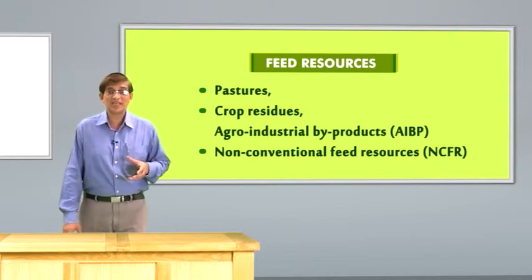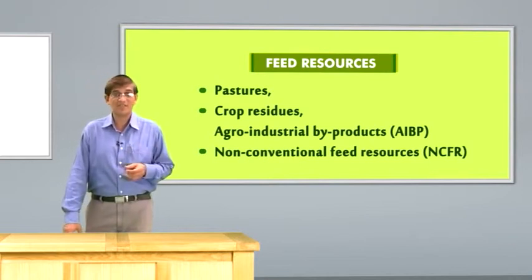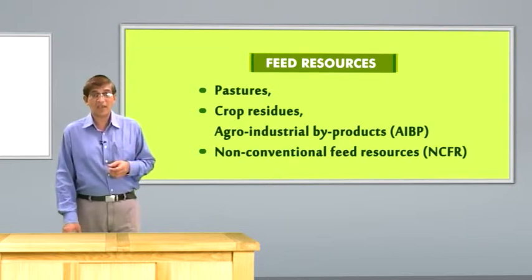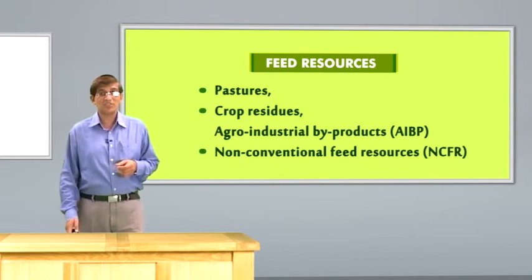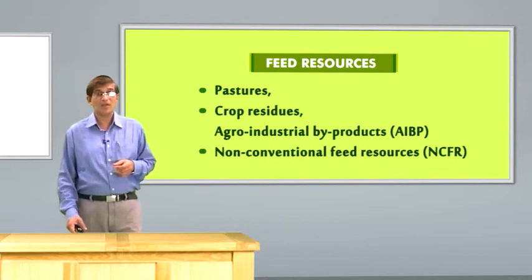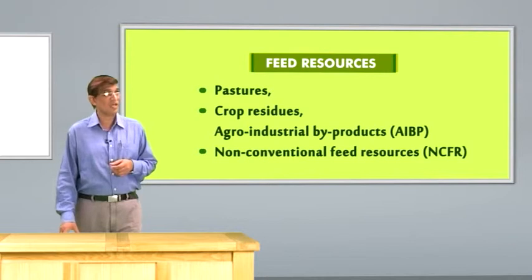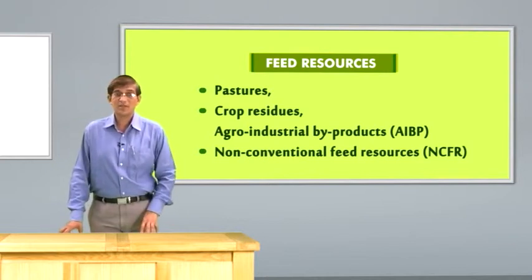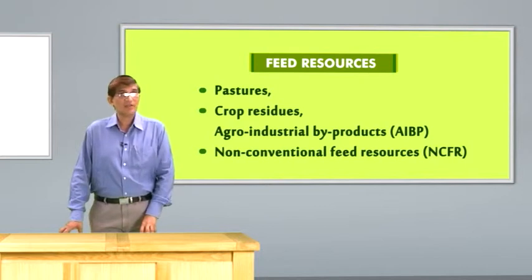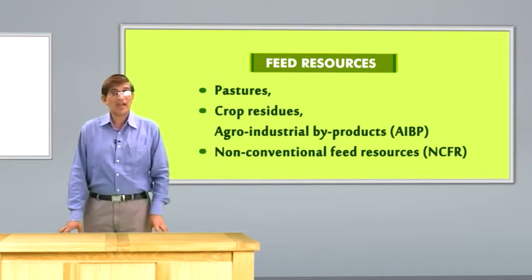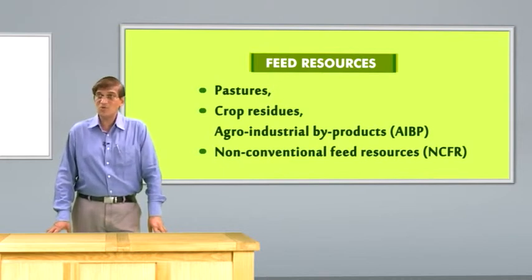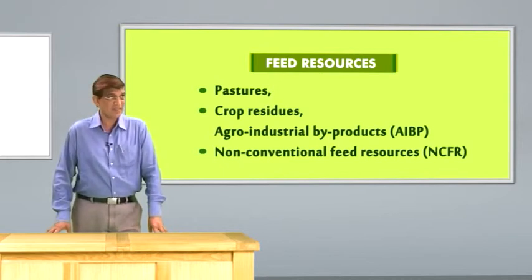A variety of oilseed cakes and meals can be fed to animals, like coconut oil cake, palm kernel cake, cottonseed cake, and similarly potato vine cake. These are some of the important crop byproducts which can be fed to animals. The agro-industrial byproducts are of very important nature, basically byproducts derived in the industry due to processing of the main product, which can be used as livestock feed.